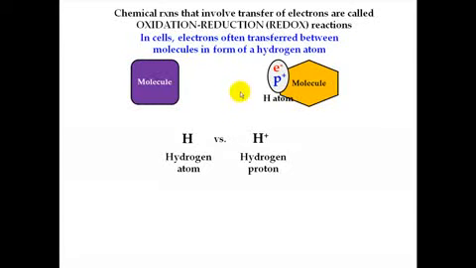You can use these terms, oxidation and reduction, to describe molecules either giving up or accepting electrons. You can also use the terms oxidation and reduction to describe single atoms that are either giving up or accepting electrons. So here's what we mean by that.